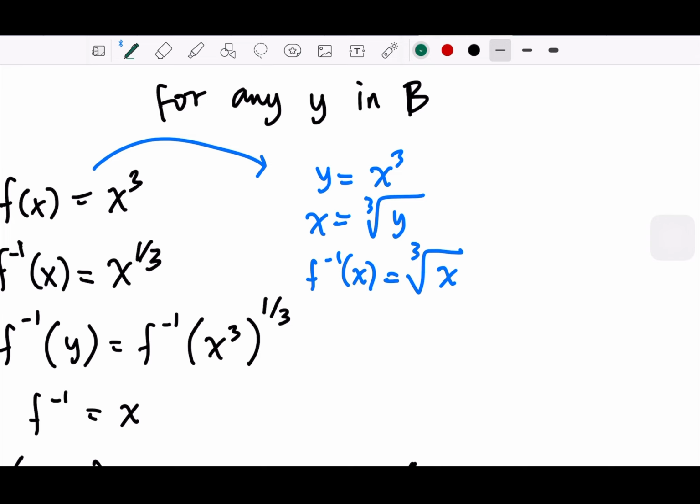And that's how you calculate the inverse.